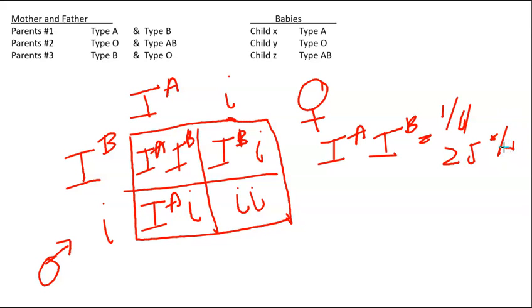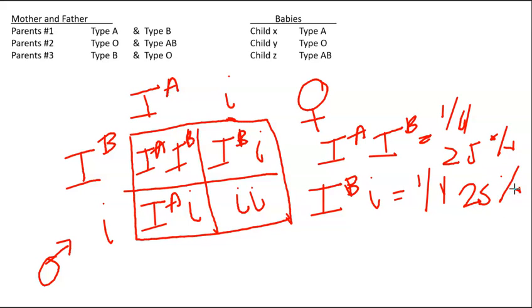And then in another square here, we have IB little i, which is the genotype for type B blood, so 1 out of 4, has a 25% chance of being type B blood. And here in this square, we have a 1 out of 4 chance being type A blood.